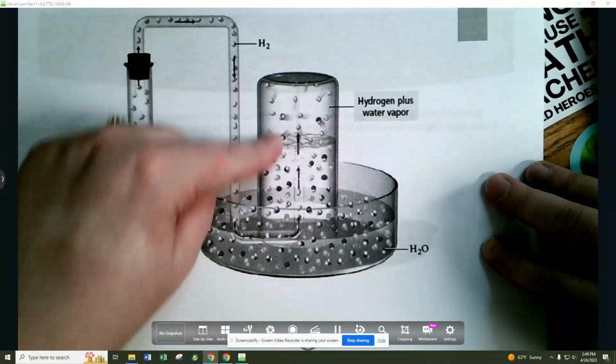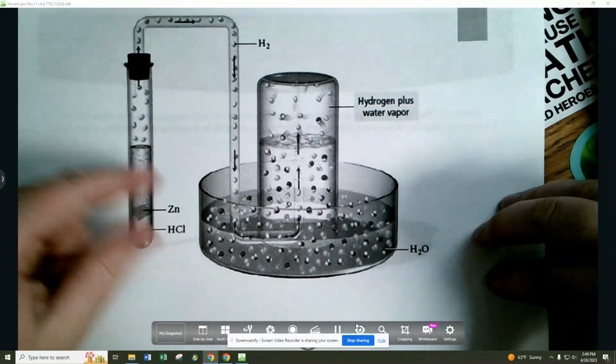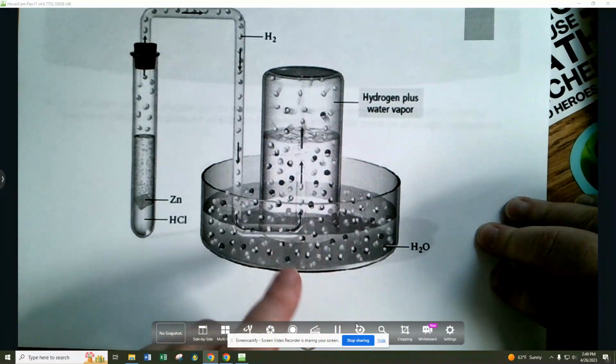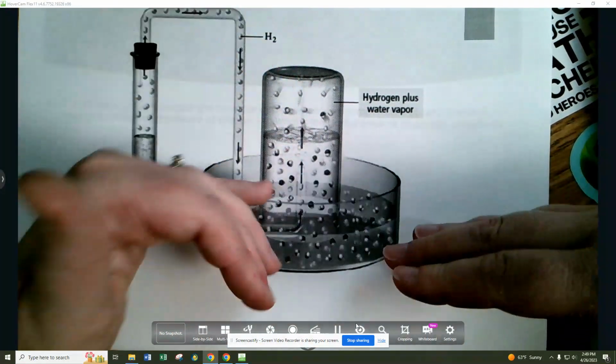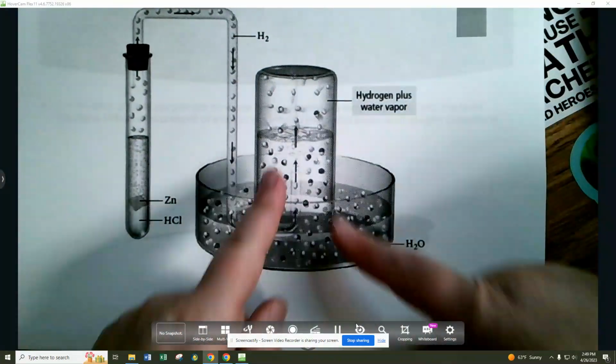We then invert a beaker or some kind of container over a tub of water, and the tubing connects to it. The beaker has water, and as more and more hydrogen gas is collected, it'll displace that water and force it out, kind of the opposite of what you saw in the lab when we burned the candle and the water was forced in.